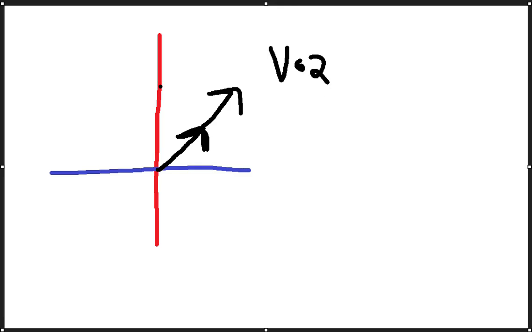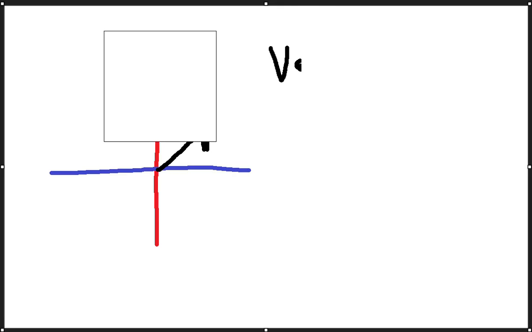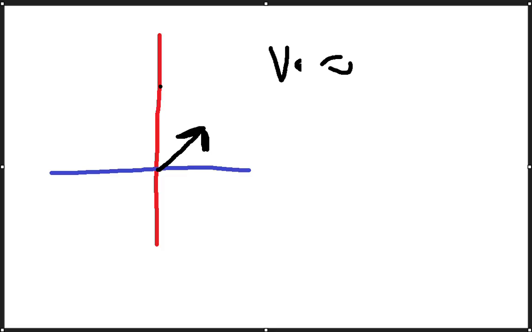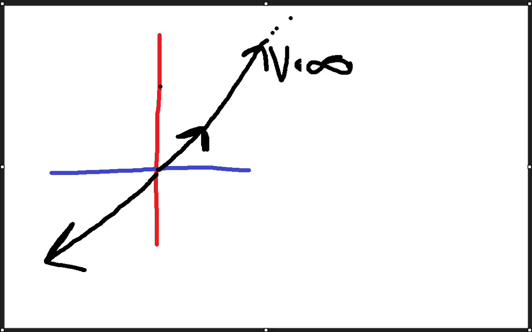And if we have a vector times, say, infinity, an infinite set of vectors, it will actually go on and form a line like that forever. It might also go backwards forever, forming a line.